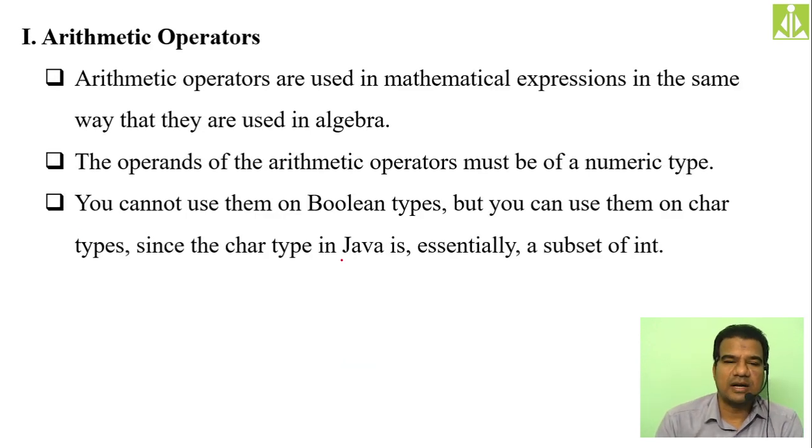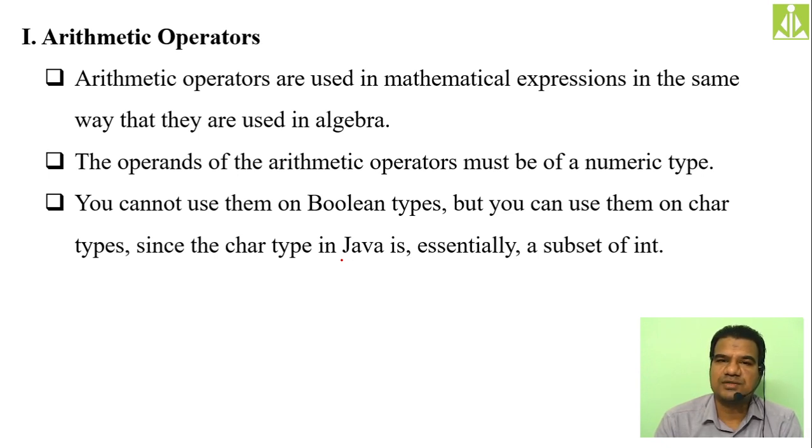So the first one, arithmetic operator. By seeing the name only we can say all arithmetic operations whatever we perform in our day-to-day life, all those operator types are kept under arithmetic operators. Whenever we go for mathematical expressions in algebra, we use different operators over there, like plus, minus, division, modulo division.